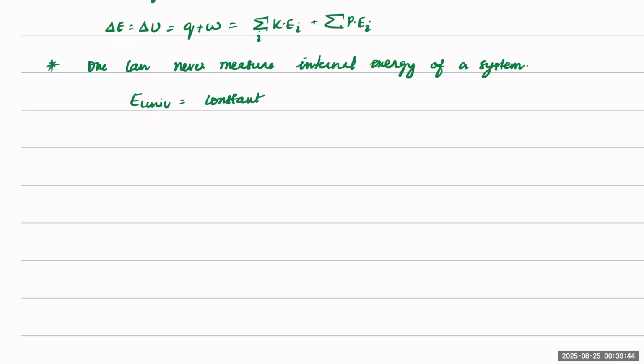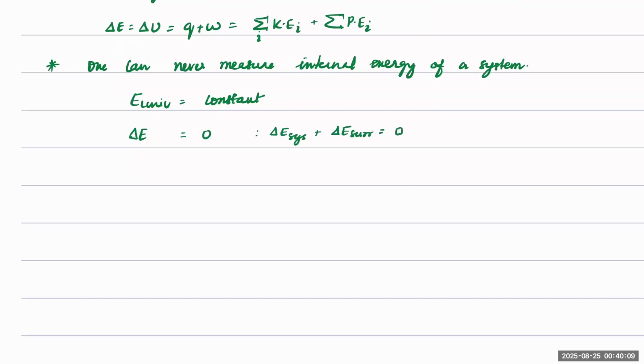Internally, there are things changing, but overall energy is constant. And if that is constant, what will be the change in universe energy? Universe energy change is zero. Got it? Universe energy means system energy as well as surrounding energy.